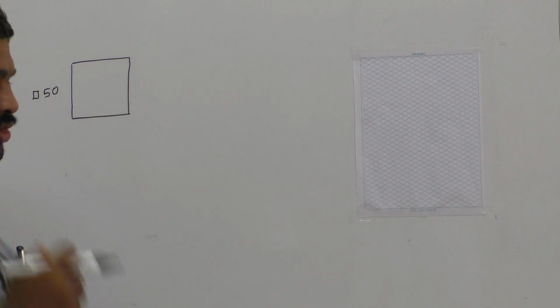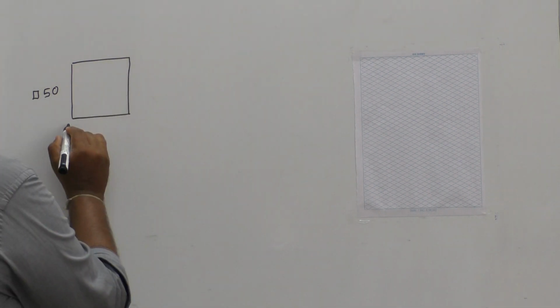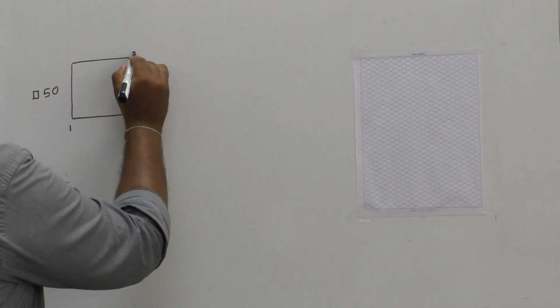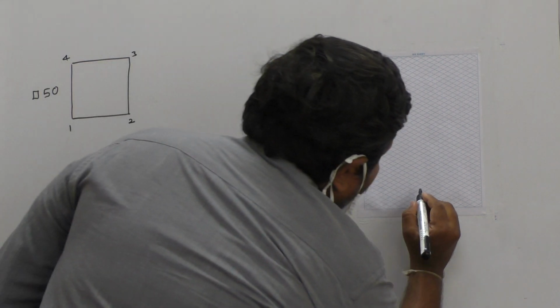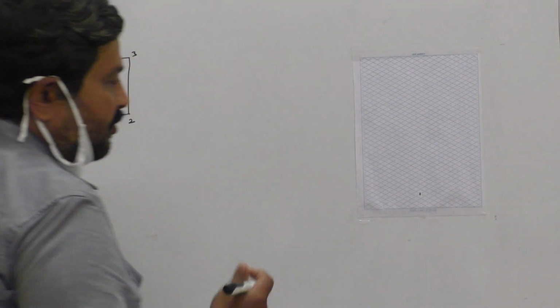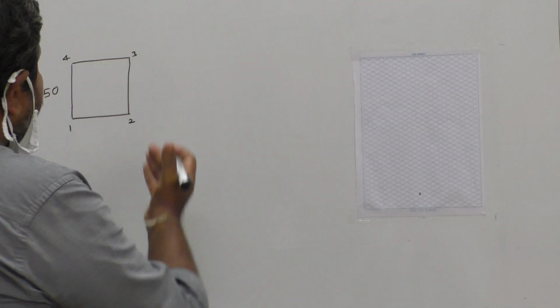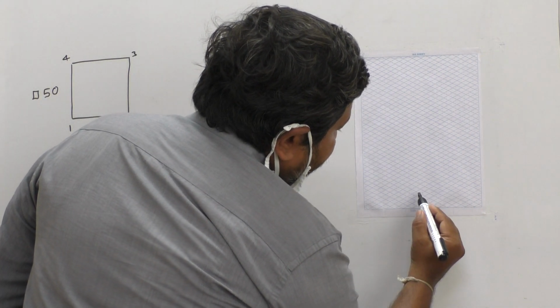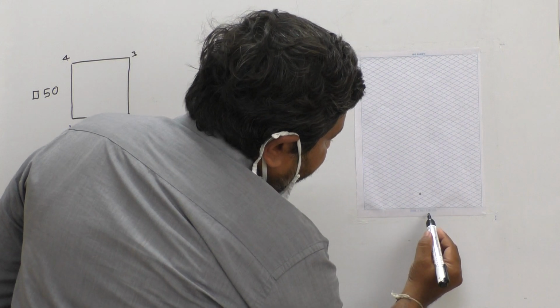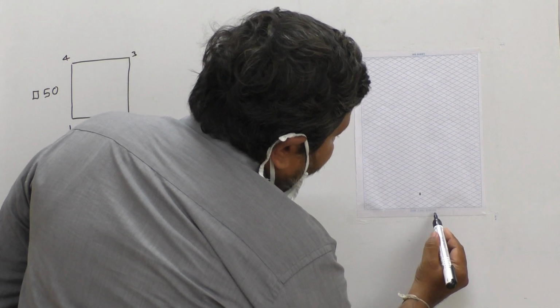First, I have to construct the isometric projection of the end face of the object. So, first I will take the base of the cube. It has 4 corners, 1, 2, 3 and 4, in a square shape of 50 millimeter. As I explained earlier, in the isometric sheet one unit measures 8.154 millimeter.